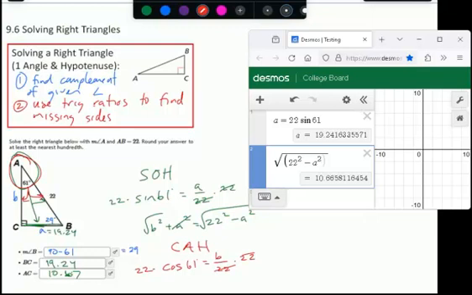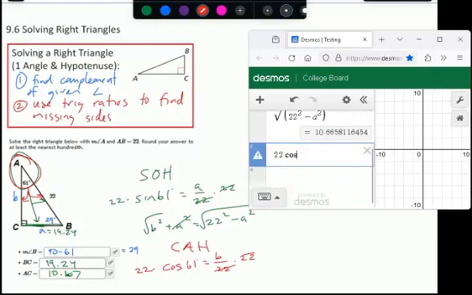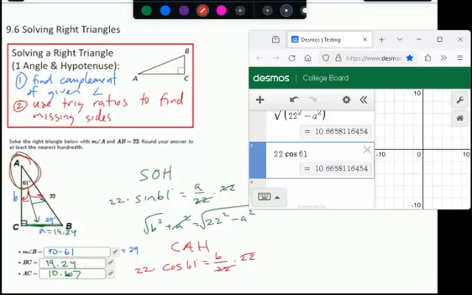So if I did this calculation as well, 22 times the cosine of 61, it should be the same value that I just found for AC, which is approximately 10.67. So again, it doesn't matter which of those methods you choose. It's completely up to you.